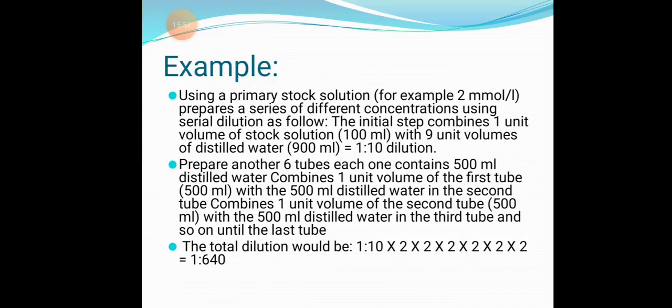Combine 1 unit volume of the first tube, 500 ml, with the 500 ml distilled water in the second tube. Combine 1 unit volume of the second tube, 500 ml, with the 500 ml distilled water in the third tube, and so on until the last tube. The total dilution would be 1:10 × 2 × 2 × 2 × 2 × 2 × 2, which is equal to 1:640.